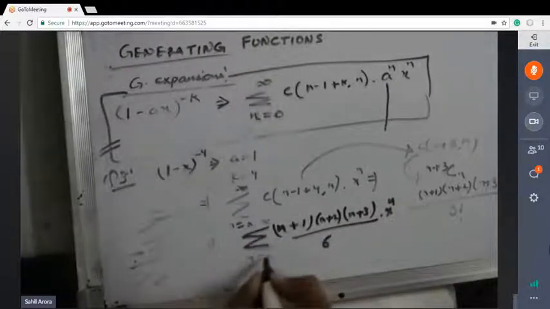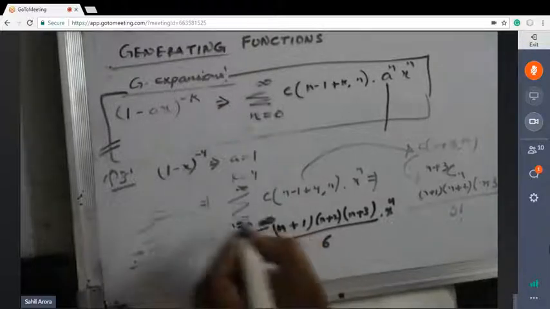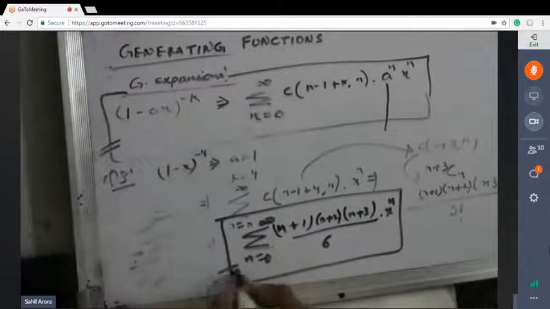Now we can put up the values and get the expansion.